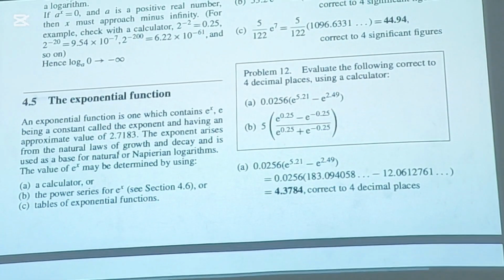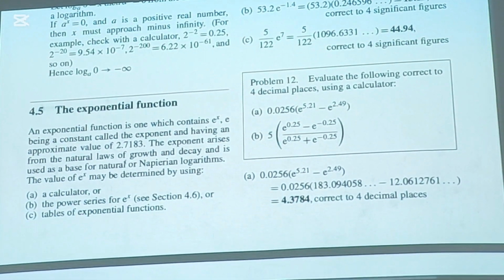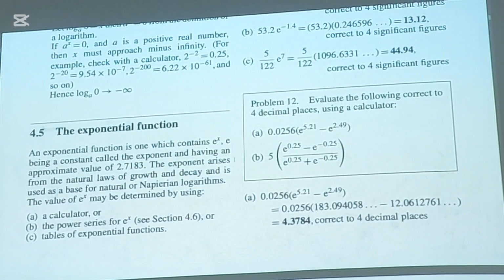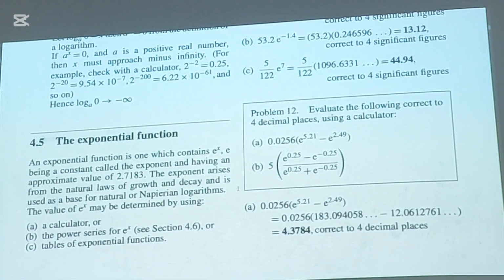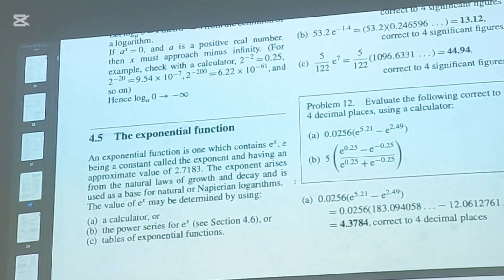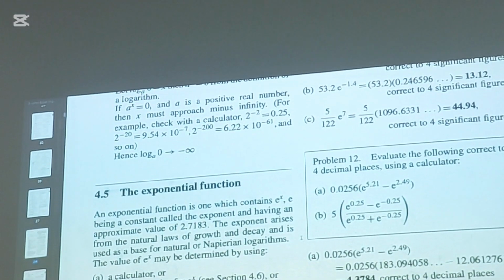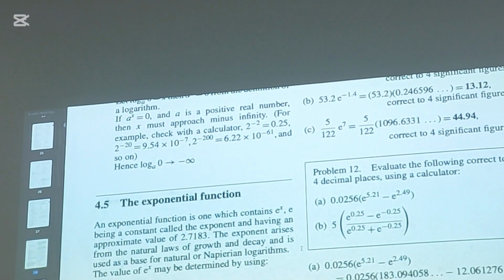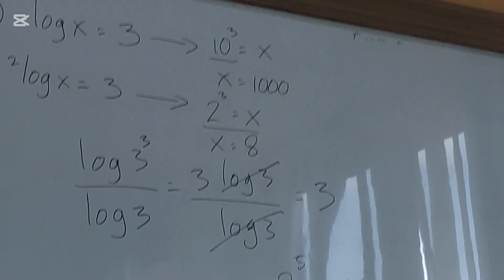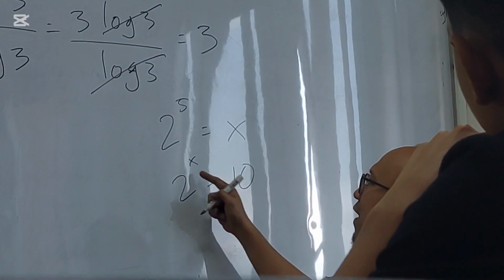Then we now go to the second transcendental function, the exponential function. The exponential function indicates not using log anymore, but using, for example, 2 power 5 equal to x, or 2 power something equal to 10, 5, 8.